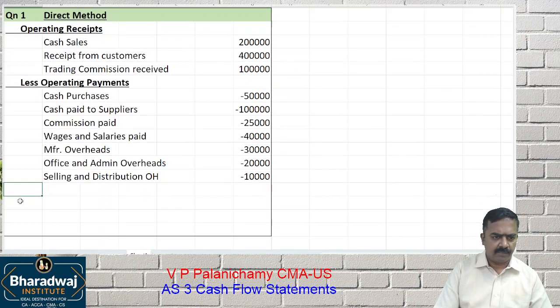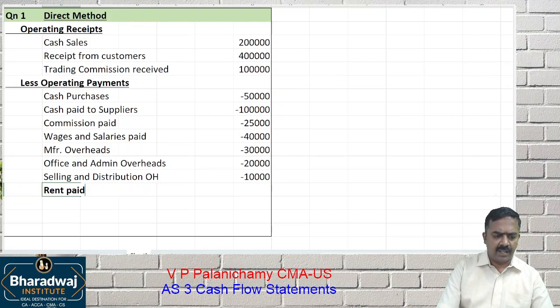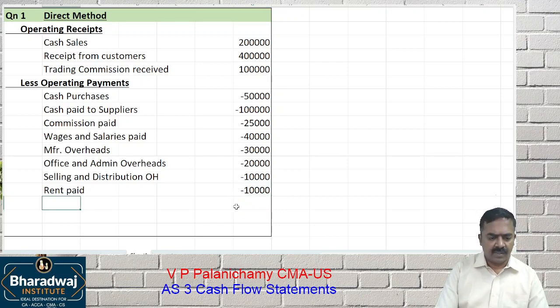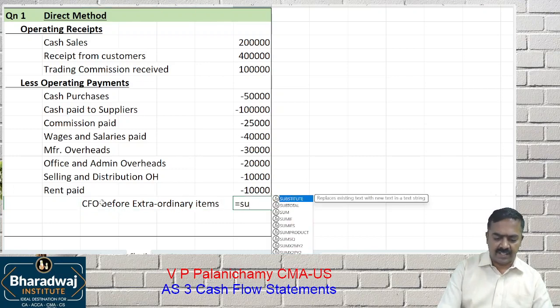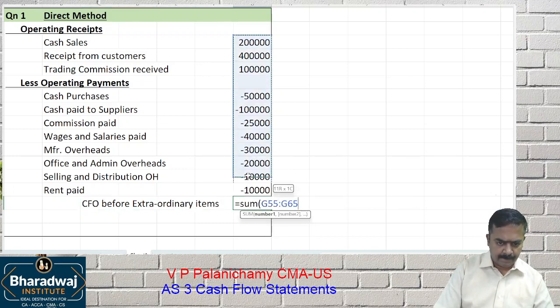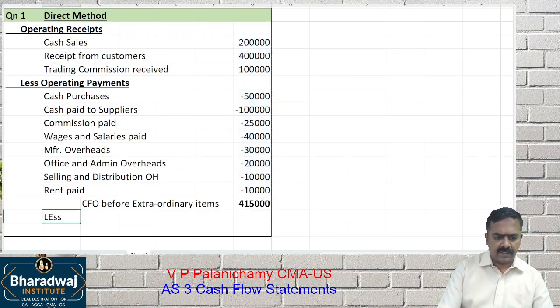Next. Rent paid, how much? 10,000. Then this is called CFO before which one? CFO before extraordinary items. Add insurance proceeds received.